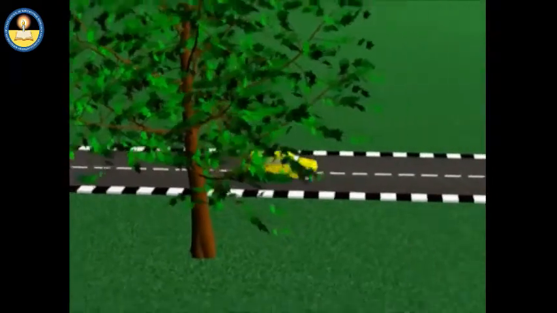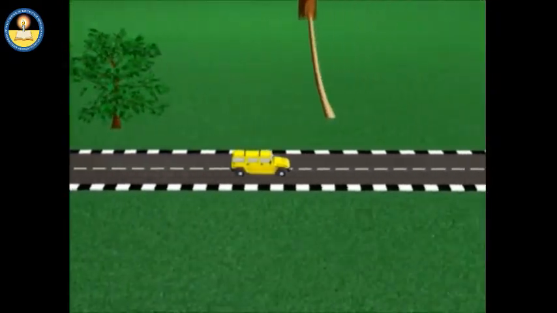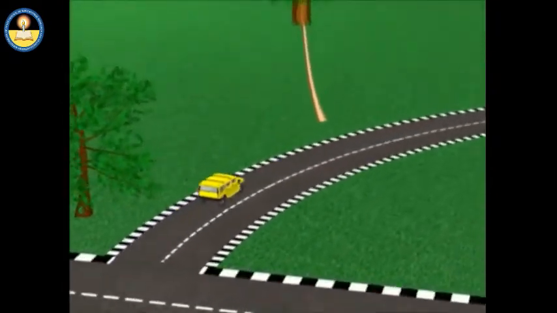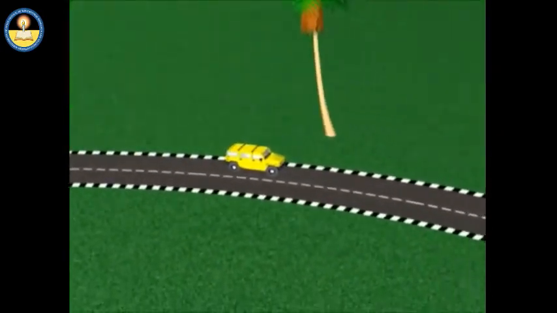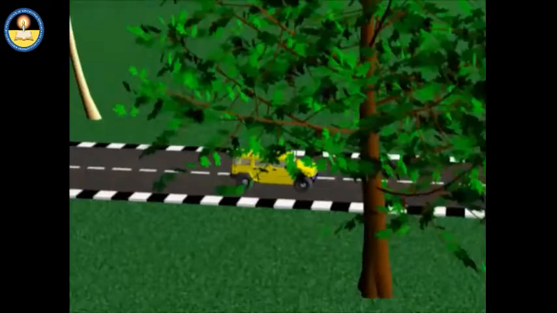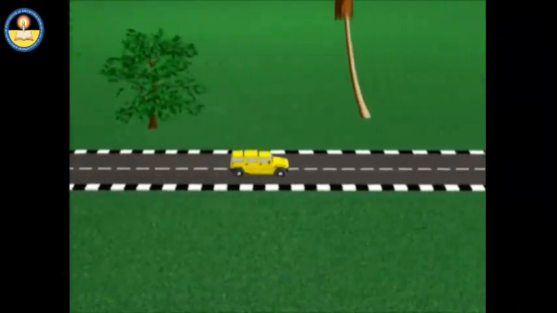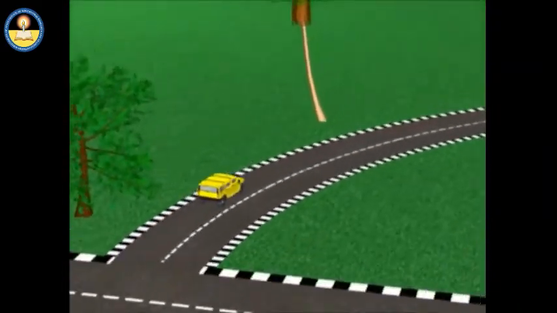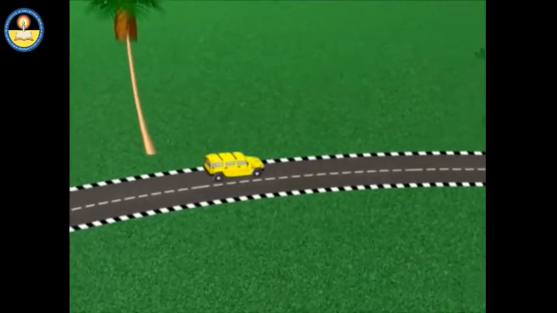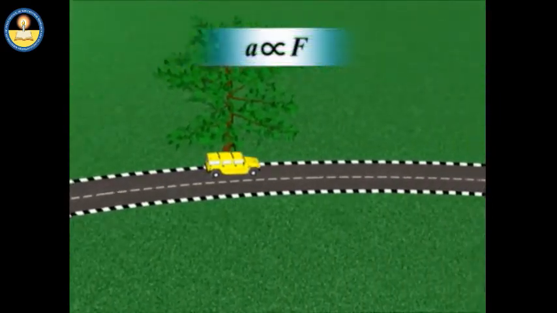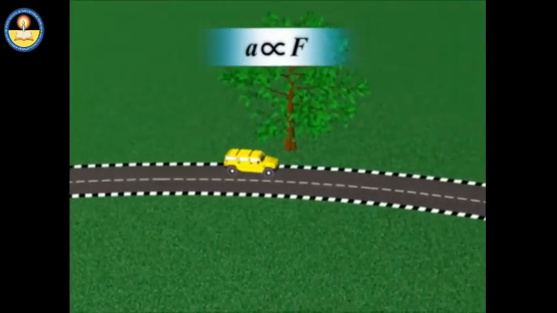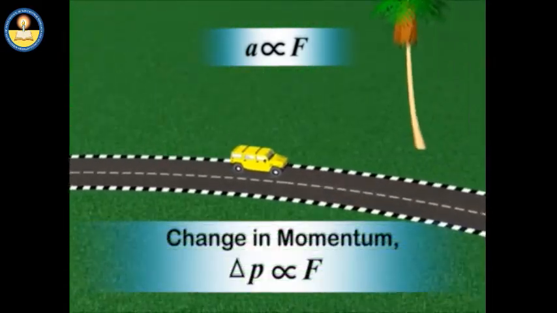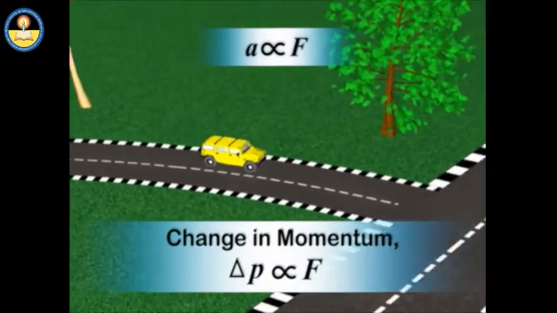Know that whenever the velocity of an object changes, the motion is said to be accelerated motion. Hence, for an accelerated motion, the momentum of the object will also change. Since acceleration is caused only by the net force, the same is the case for the change in momentum.